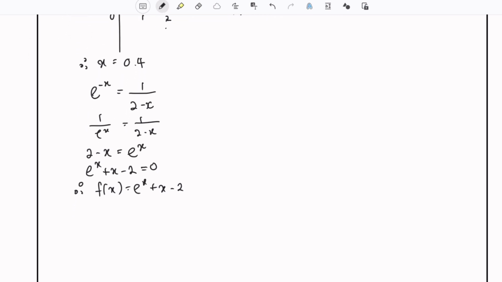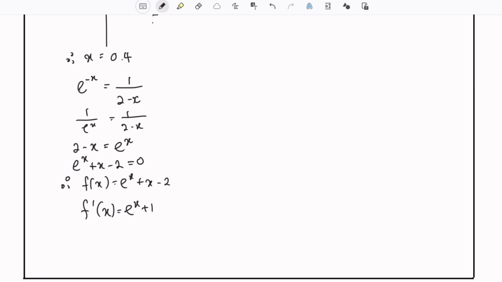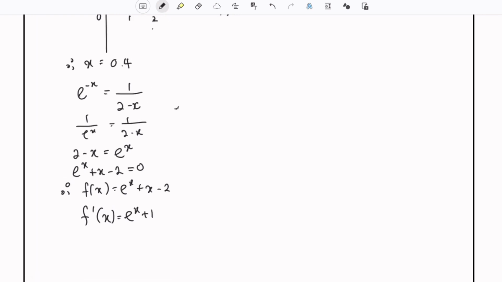So for Newton-Raphson method, we need to get the f'(x). So e^x plus 1. So write down your x0 again. So x0 is 0.4.